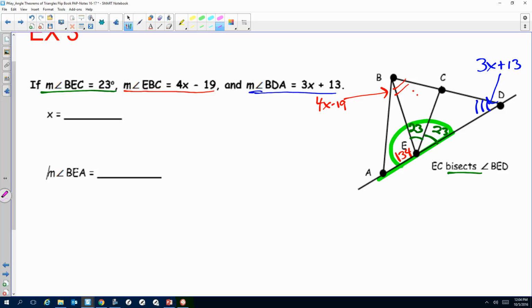Close. Do y'all see that triangle there? Now we have all three angles for that triangle. I could use the exterior angle too. Yes, so you can do the triangle sum.